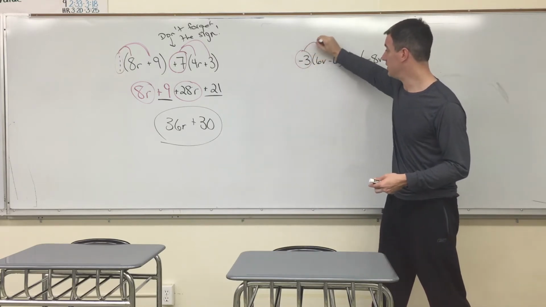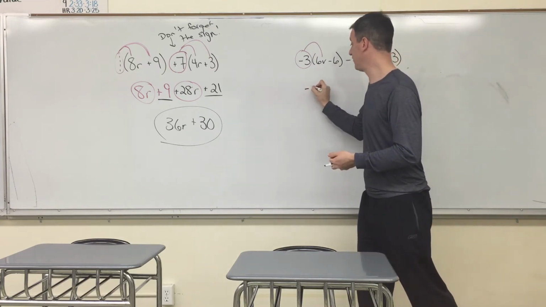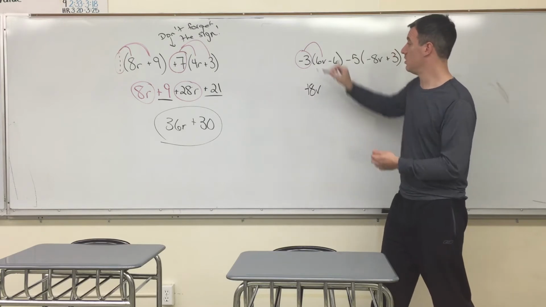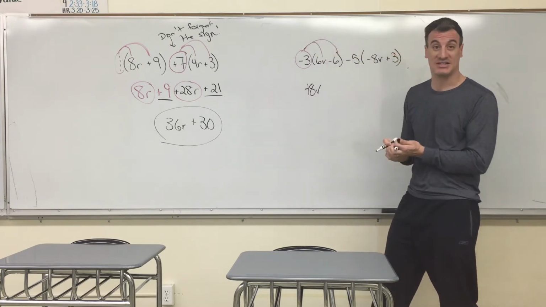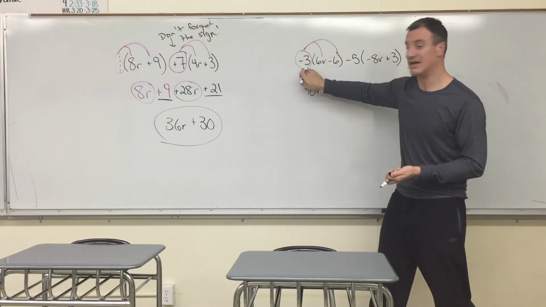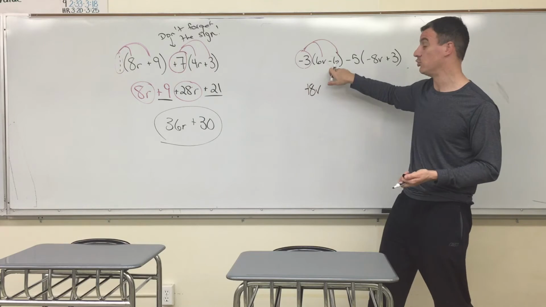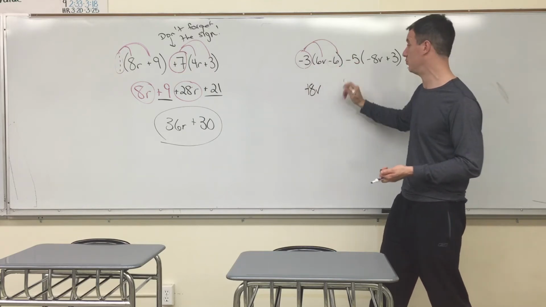Negative 3 times 6v is going to be negative 18v. Negative 3 times negative 6. Again, it's not just the number that we're distributing that we have to pay attention to, it's the signs. It's who we're multiplying that number to, who that number is being distributed to.